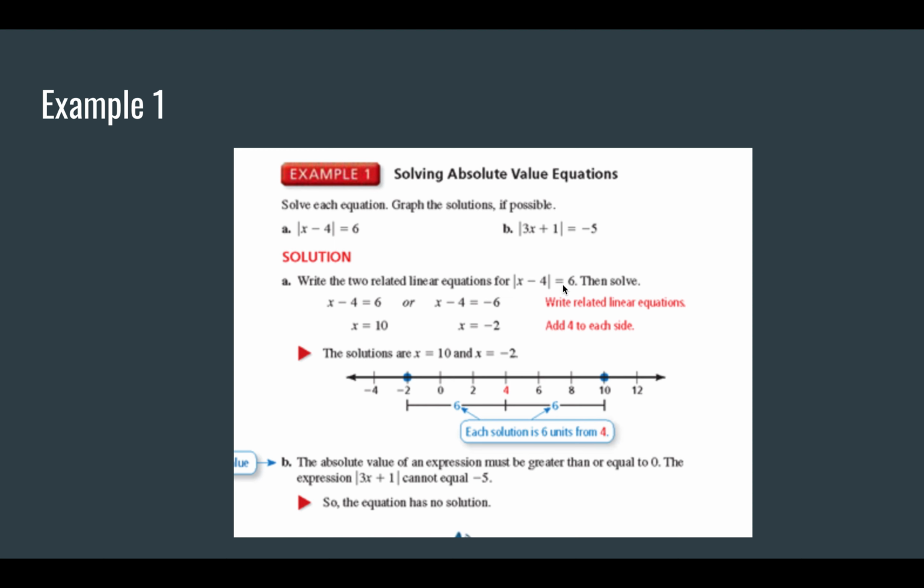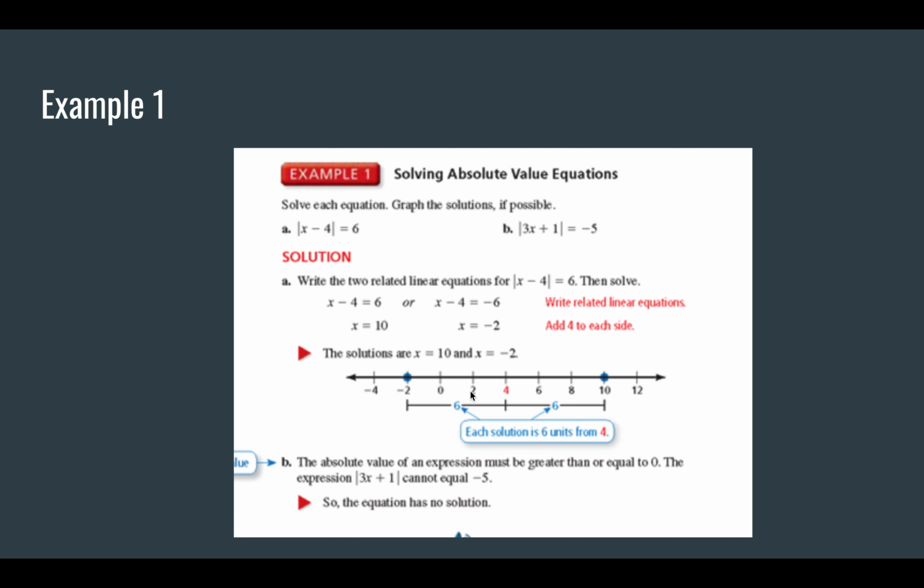For what is equal, you have to put negative for one and just put positive for one, then solve from there. So write the linear equations, and then you can solve by isolating x, adding 4 here, and adding 4 here again. And this means the two solutions are 10 and negative 2.